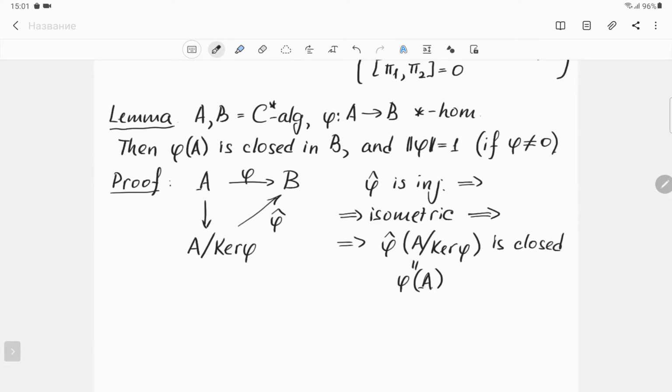Okay, and to show that the norm of phi is 1, let's denote by Q the quotient map from A onto the quotient. Since phi hat is isometric, it follows that the norm of phi equals the norm of Q. And of course, the norm of Q is 1 unless phi is 0. Okay, so this completes the proof of our lemma.